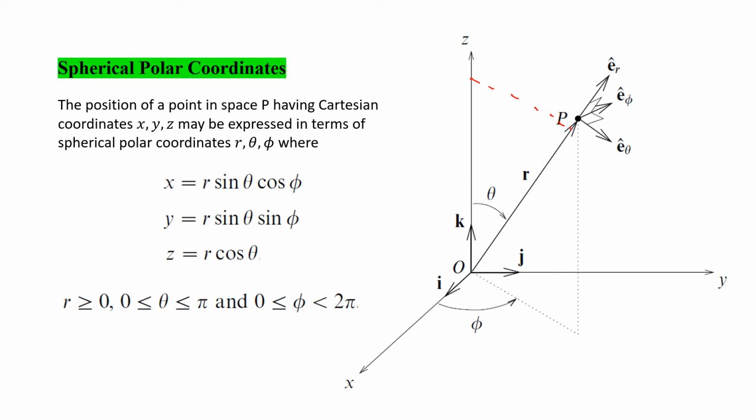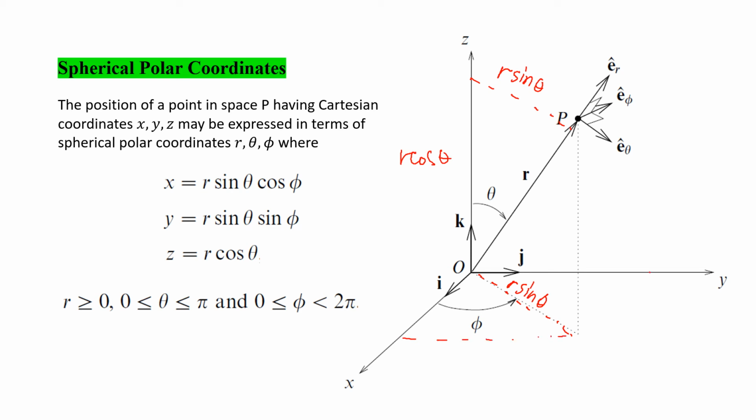So in the z-axis, you have your r cosine theta. And then in the xy plane projection, which is this line here, this is r sine theta. So this is the same line here. This is r sine theta. And let's project this one in the x-axis.